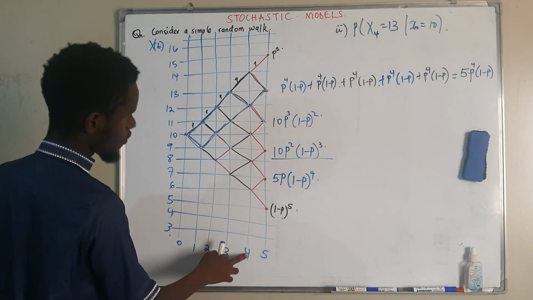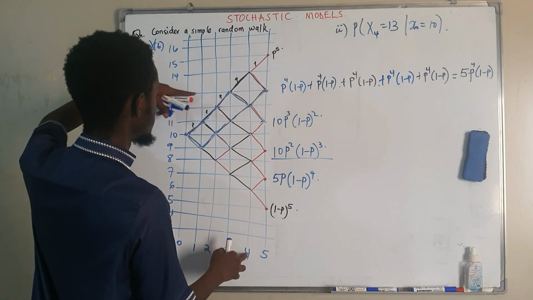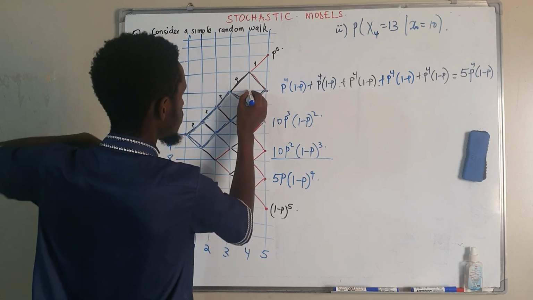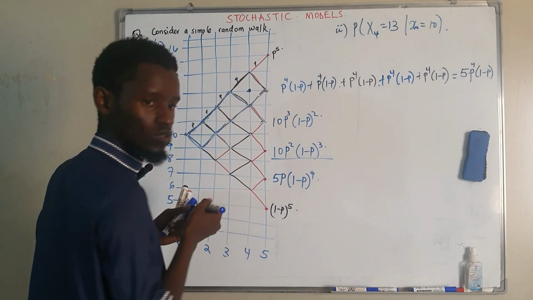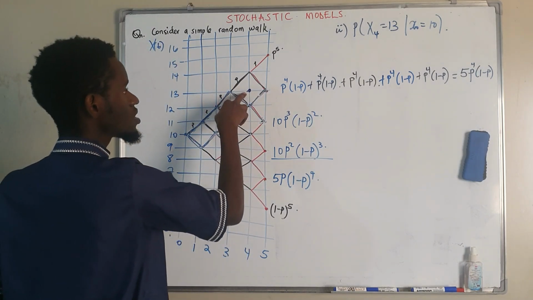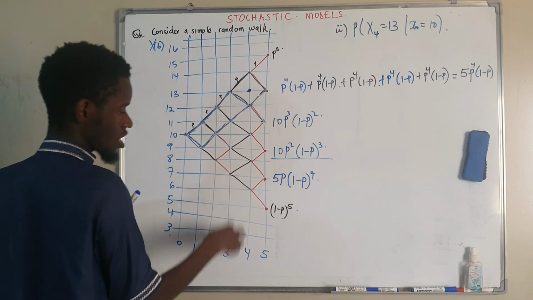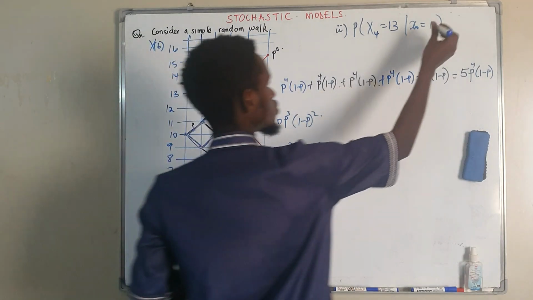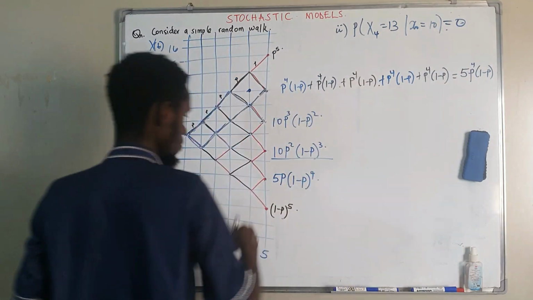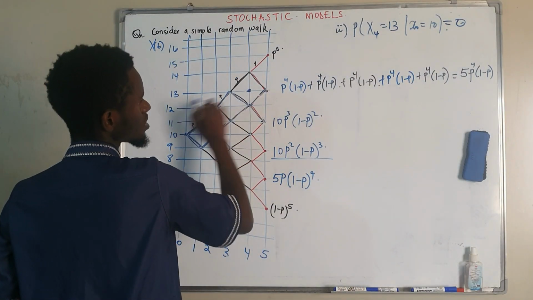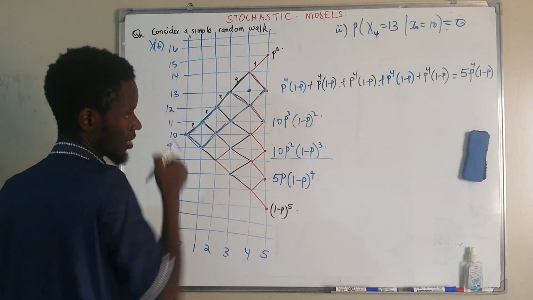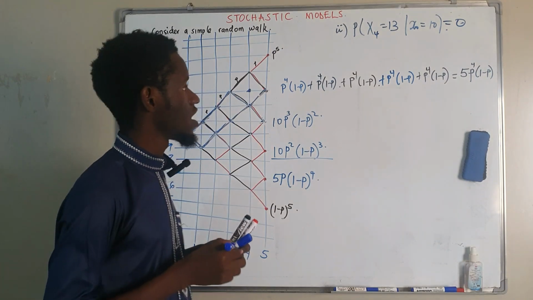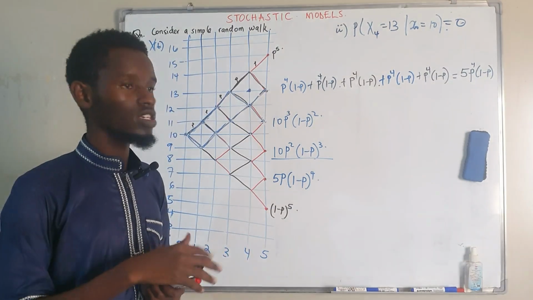This is our X4, so it should be at this point here. Since there is no rule that will direct us to X4 being 13, the probability of this one is equal to 0, because there is no rule that will take us to this point here. And I think for that part we have finished doing it.